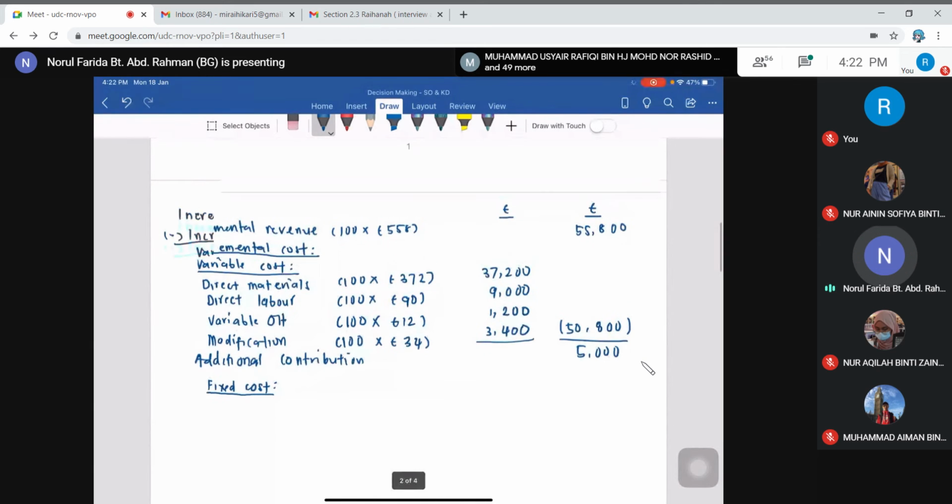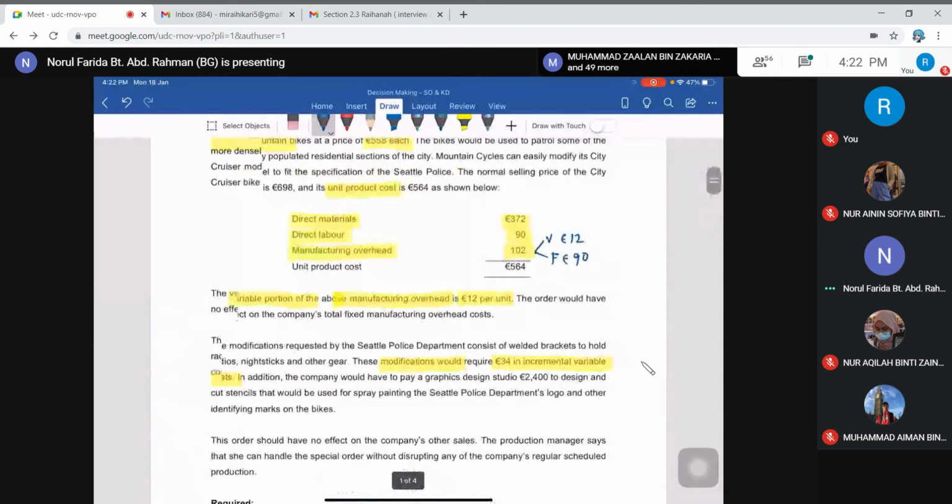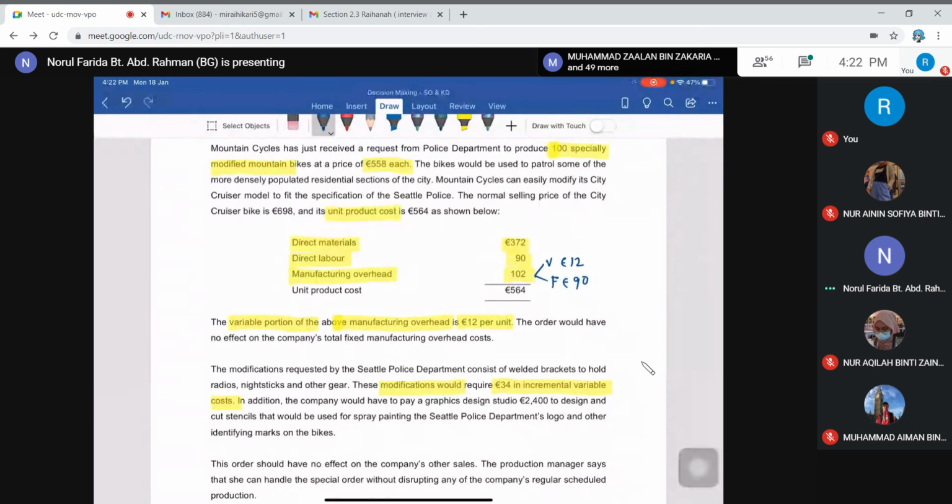So in this question, what is the fixed cost? Fixed manufacturing overhead.